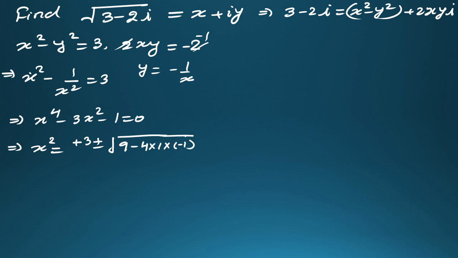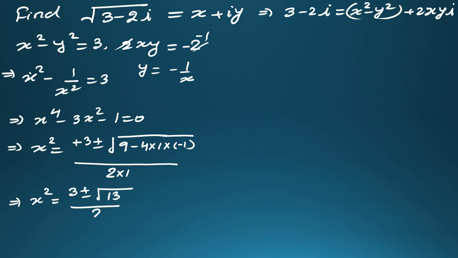I am sure you know this quadratic formula. So x square is equal to 3 plus minus square root of 4 will be positive, so 9 plus 4, 13, over 2.